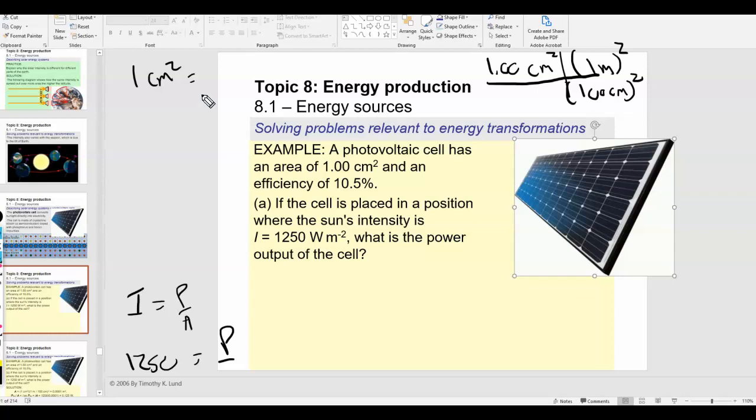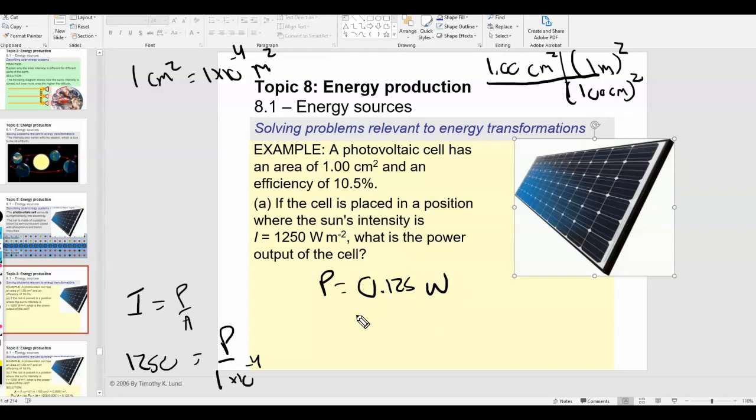That would be 1 times 10 to the negative 4 square meters. As long as you don't make that mistake, this is a pretty easy calculation to do. So P here would be 1250 divided by 1 times 10 to the negative 4, which is 0.125 watts. And that's just the power that's actually hitting the cell, right?